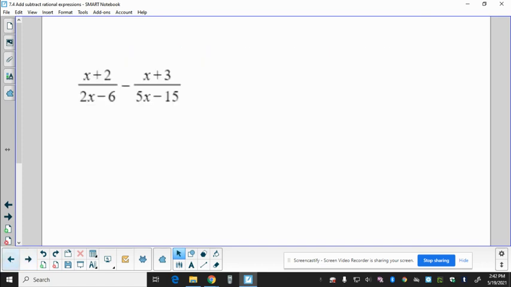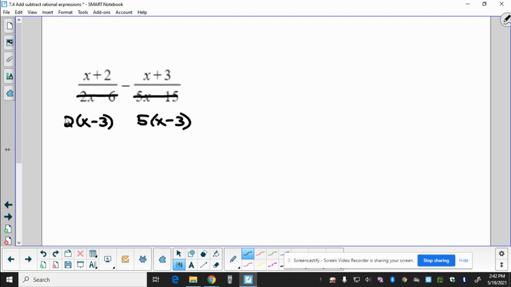Okay, last question. Let's do some factoring. Okay, so you got numbers 2 and 5, right? What's the least common multiple between those two? 10 is.